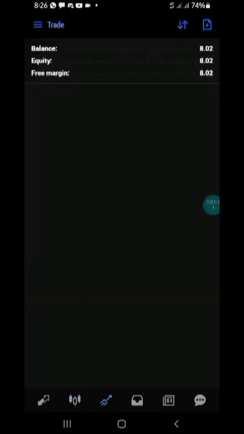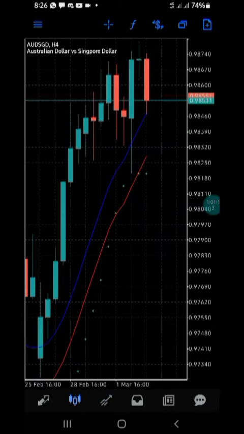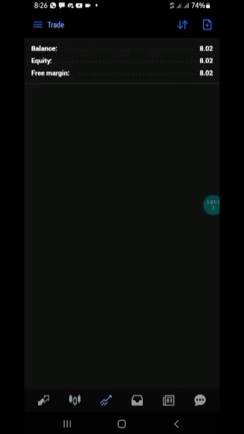Oh, notice that the broker has closed my trade. The trade that was here is no more here, because the broker closed it since I'm making a loss and I have very little money. So the broker feels that I'm going to lose all this money. Most of the time, brokers help you to keep your account in check.